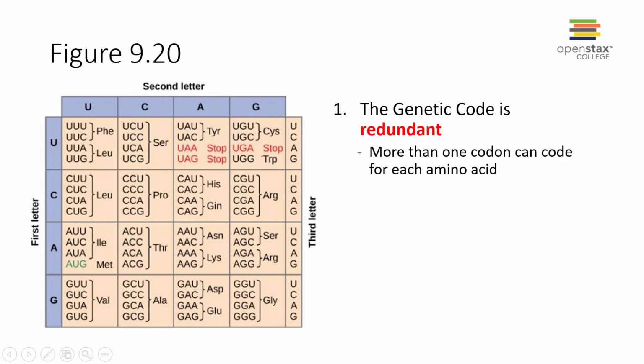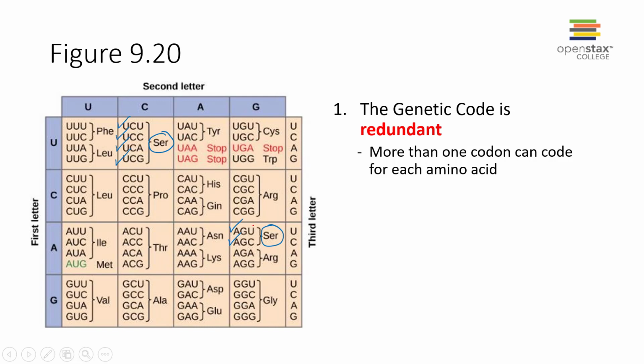So if we look at the amino acid serine, for example, SER, serine can be coded for by UCU, UCC, UCA, UCG, and look over here, also AGU and AGC.